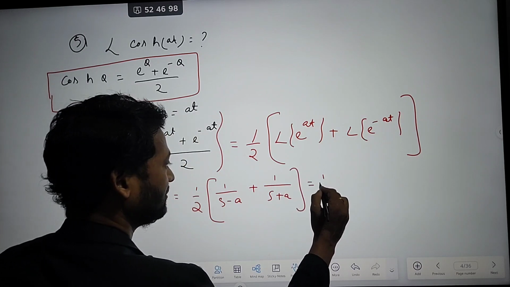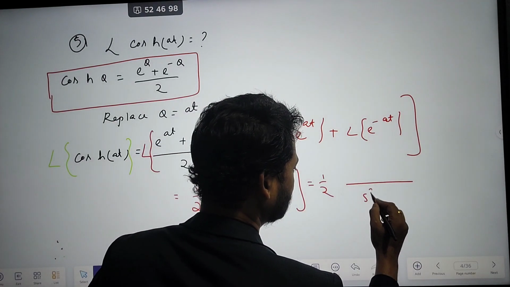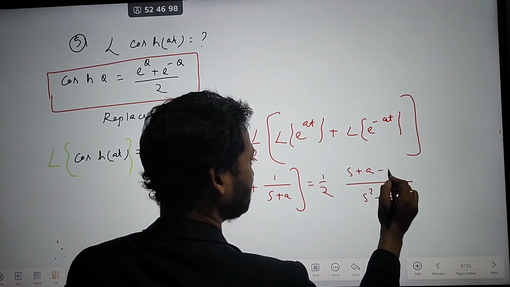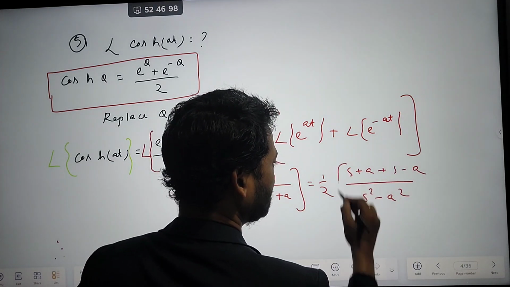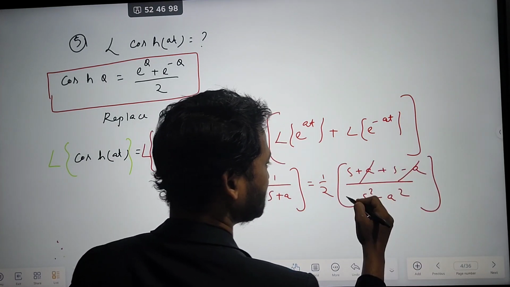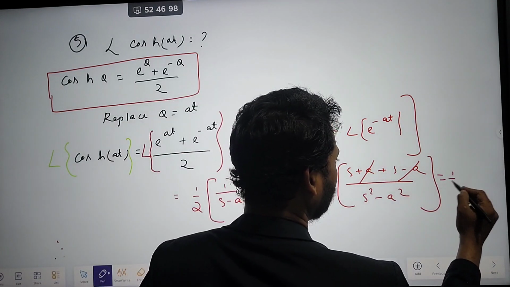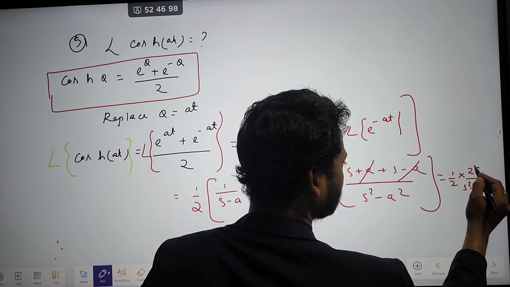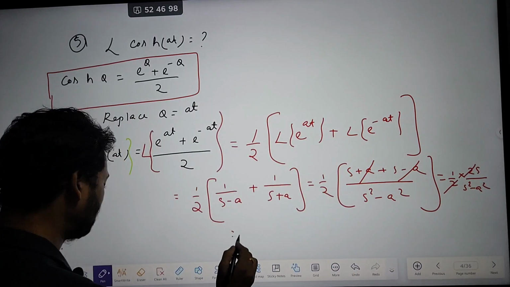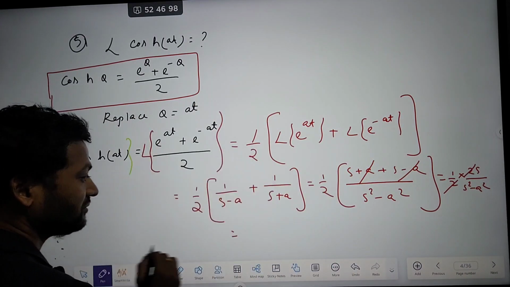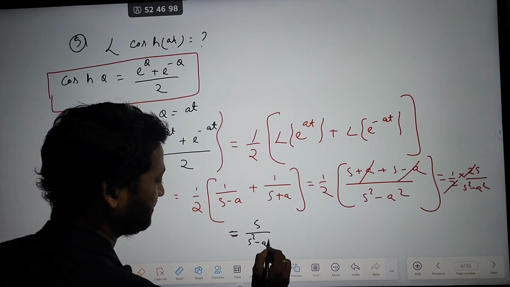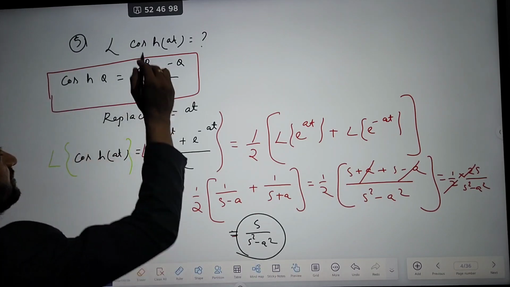Okay, now LCM is s square minus a square, and numerator part is s plus a plus s minus a. So here a will cancel, so it will be half into 2s by s square minus a square. 2 will be cancelled. So I am writing the final formula: s by s square minus a square. That is your final formula.